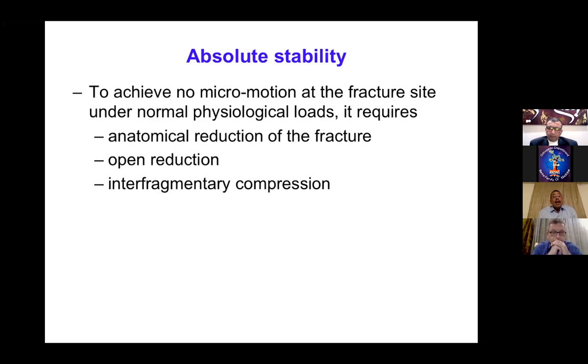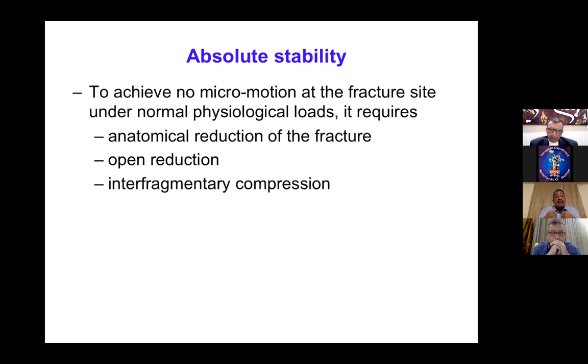So how can we achieve the absolute stability where there is no micromotion at the fracture site under physiological loads? This requires anatomical reduction of the fracture and requires bone contact between the two ends of the fracture.